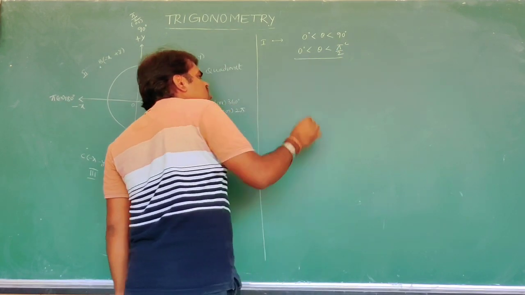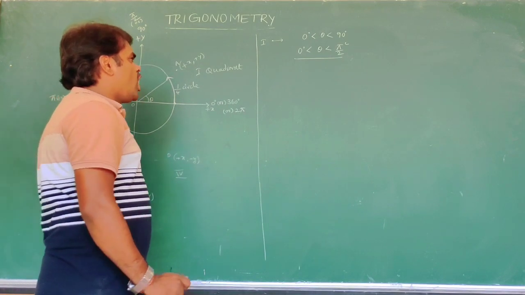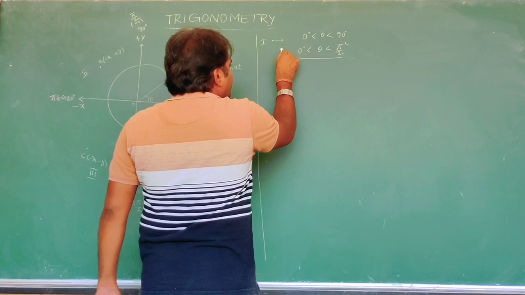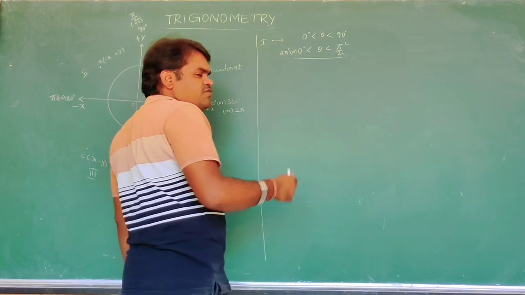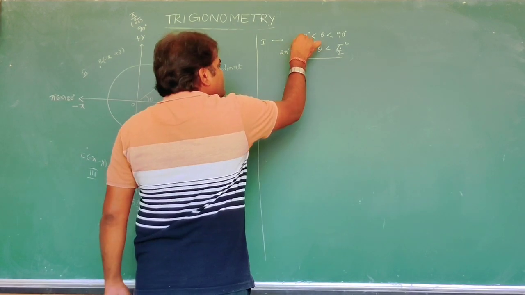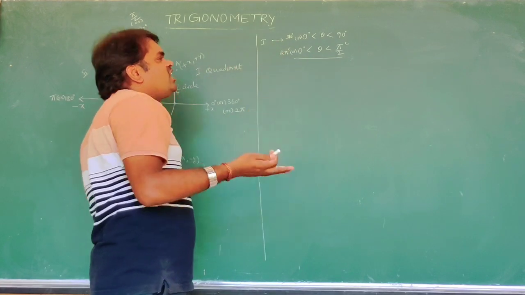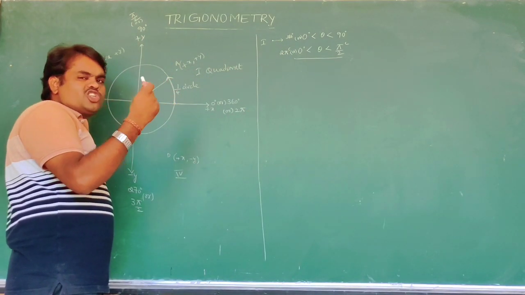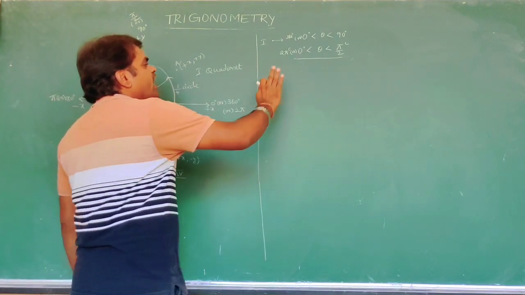This is about the first quadrant. Here we can also denote 360 degree as 2 pi radians. Theta lies between 0 to 90, or 360 to 90, it is the first quadrant.